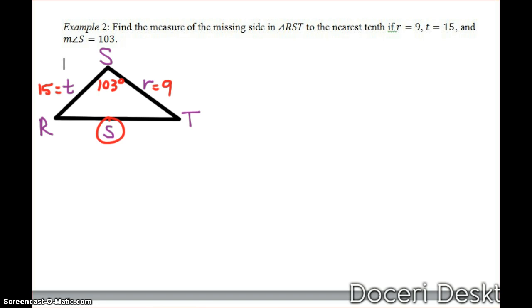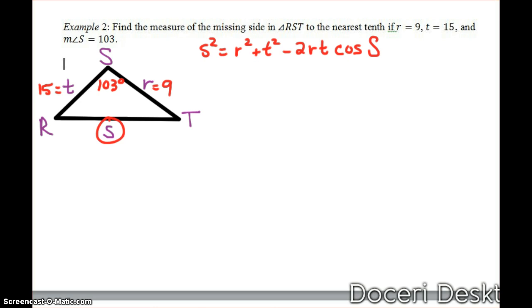So where I had C squared, I would have S squared, that's my lowercase s, equals R squared plus T squared minus 2RT times the cosine of angle S, which is a capital S.